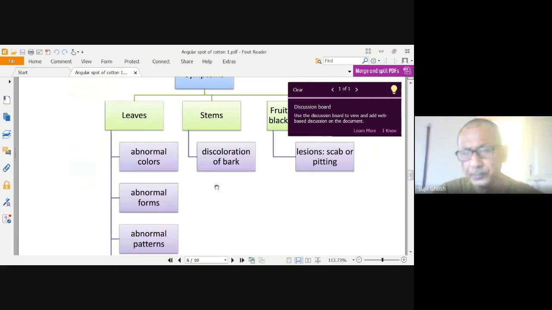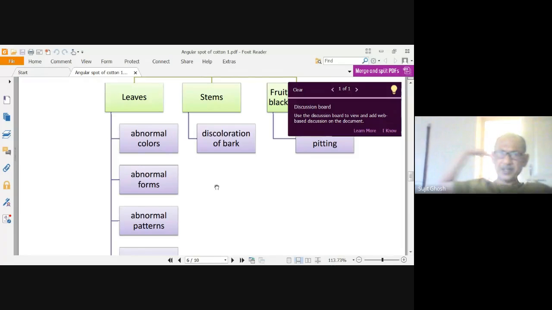Now, in leaves, stems and fruits, stems are equal to branches. In fruit, you will get spots of black or brown, and it will be scab or pitting type. Pitting means a round shaped hole, and scab means dead tissue present on the surface.